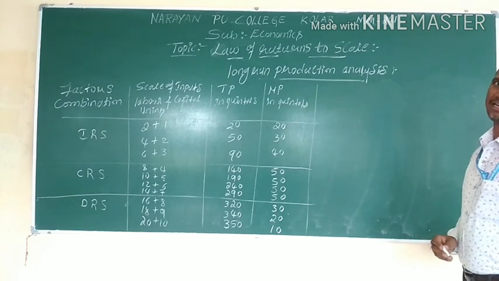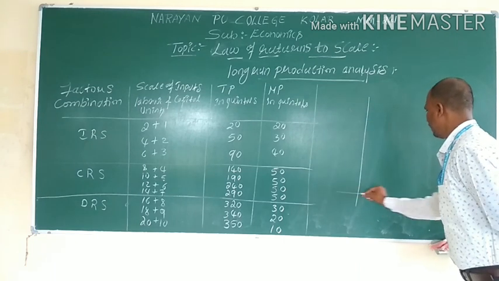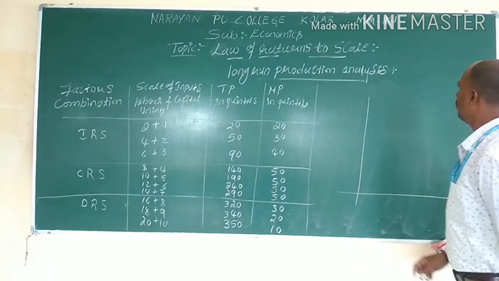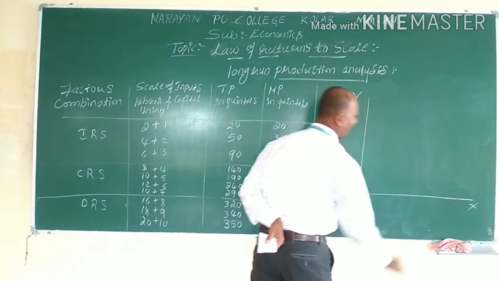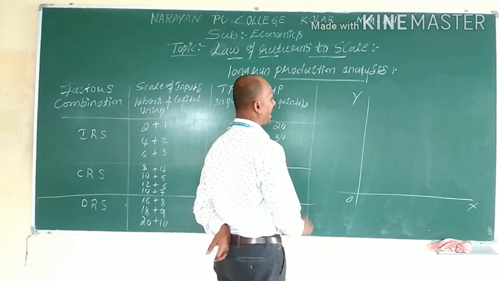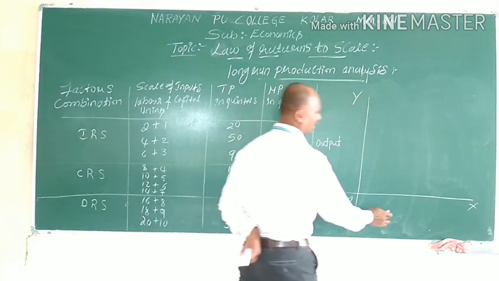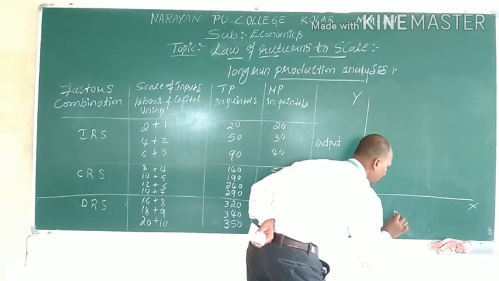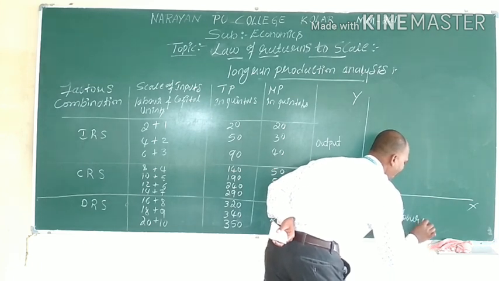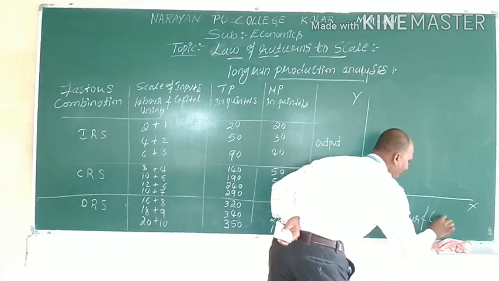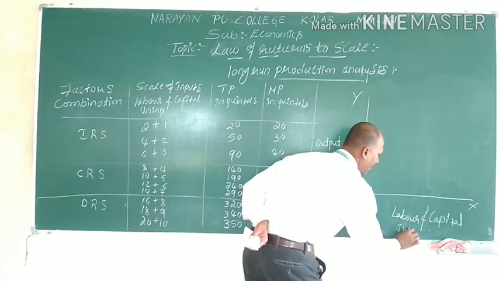This table or schedule is very easy to draw. I will draw on the board the OY axis and OX axis. Here I am measuring the output, and here I am measuring the combination of labor and capital, or you can use the word inputs.